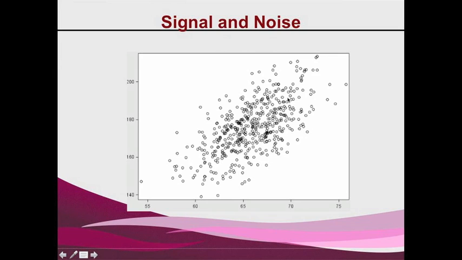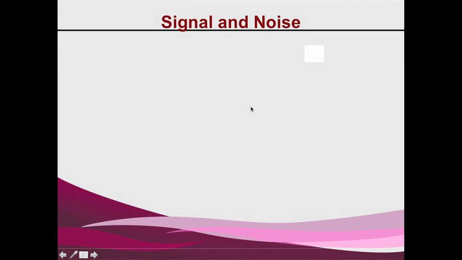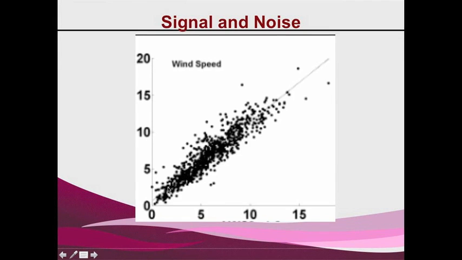So the signal will be here in the center, and this is the scatter. Sometimes it's a lot more obvious, like in this case where the data is very concentrated, the signal is stronger, and then we have some noise which is a little bit out of this main line here.